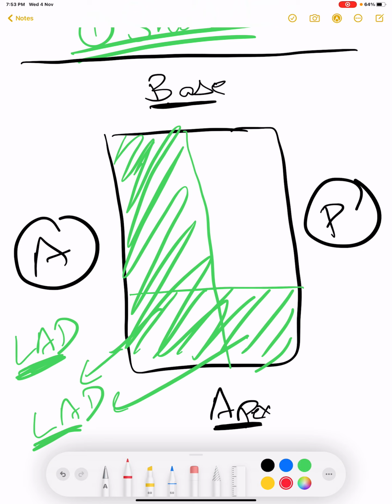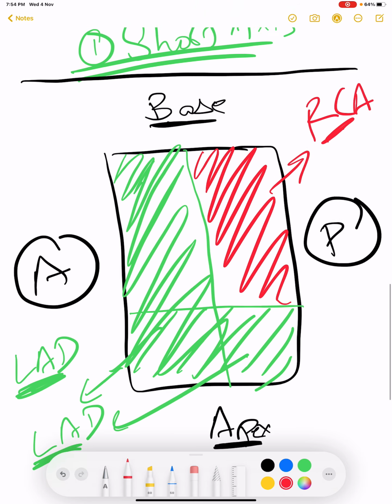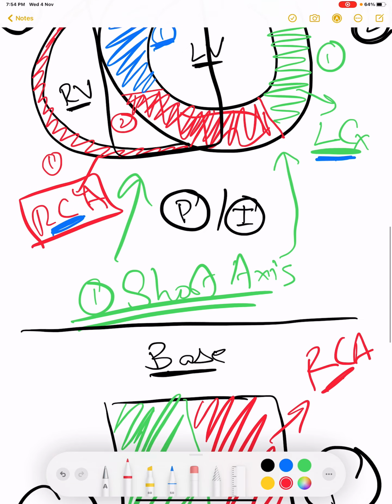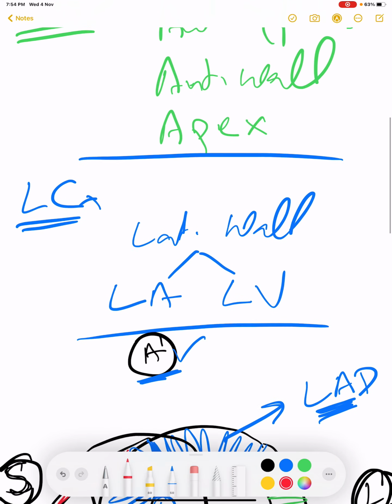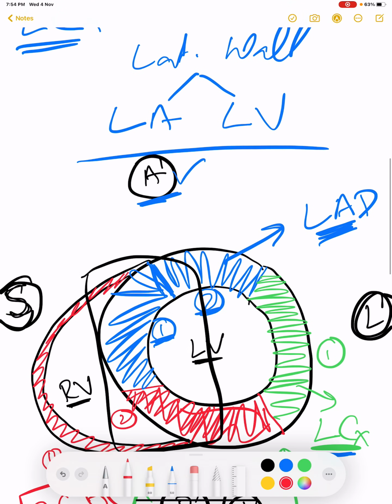So only the upper 2/3 of the posterior portion of the septum is supplied by the right coronary artery. Just to give an idea about the septum in another view, because I thought that in the previous video it was not clear which area is supplied by the LAD and which by the RCA. So that's it. I think the blood supply is finished. This is it for this video, and let's move further.